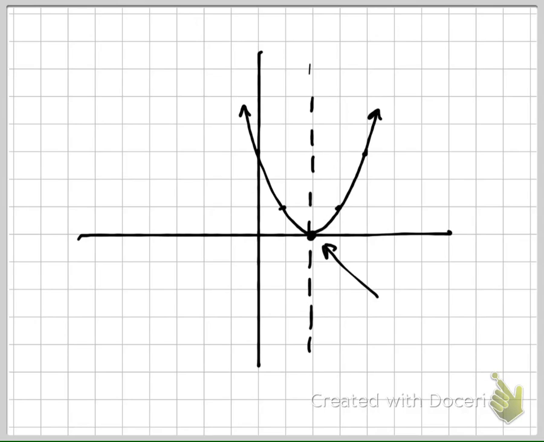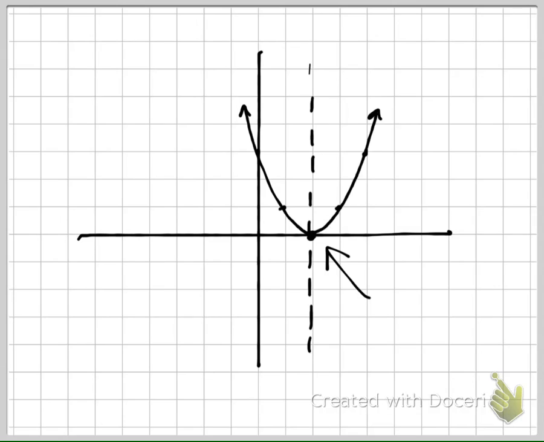So where the parabola actually intersects the axis of symmetry is the vertex. It's the high point or it's the low point. In this situation, it's the low point. So the vertex here, you would say, is at point 2, 0. Does that make sense? Okay.